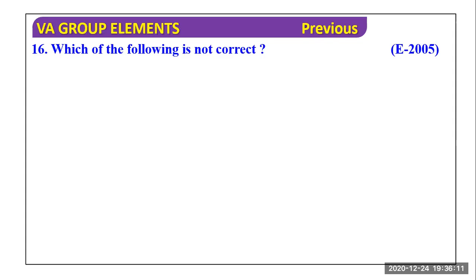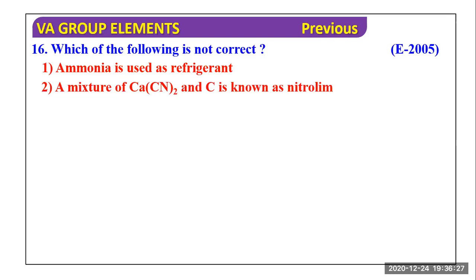Now, which of the following is not correct? Option A, ammonia is used as refrigerant. Option 2, a mixture of calcium cyanamide and carbon is known as nitrolim. It was correct. Already we did it.